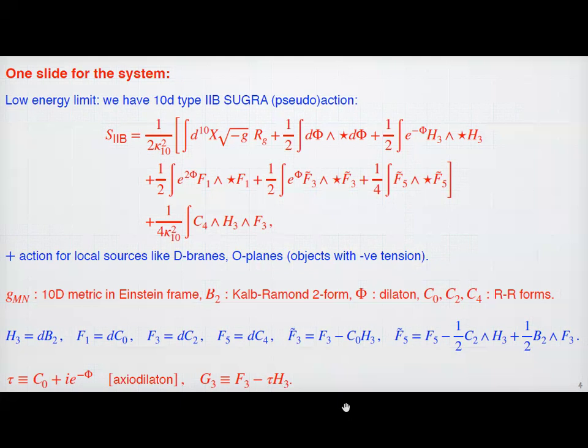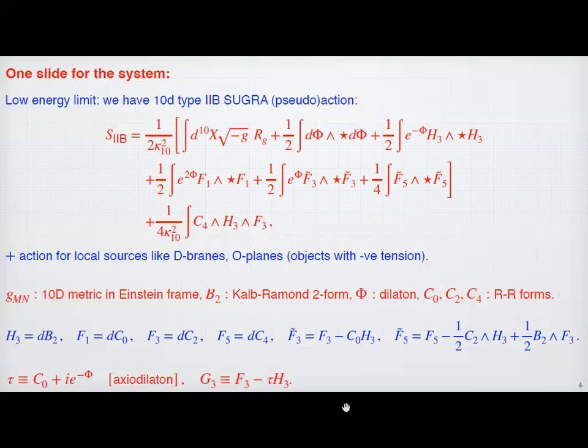The field strengths that appear in the action have been written here, although I will soon switch to our variables, which are the axio-dilaton and the G3 flux. So these are the variables, and F tilde 5; these will be used from now onwards. The action can be rewritten in terms of those, but I haven't written it.